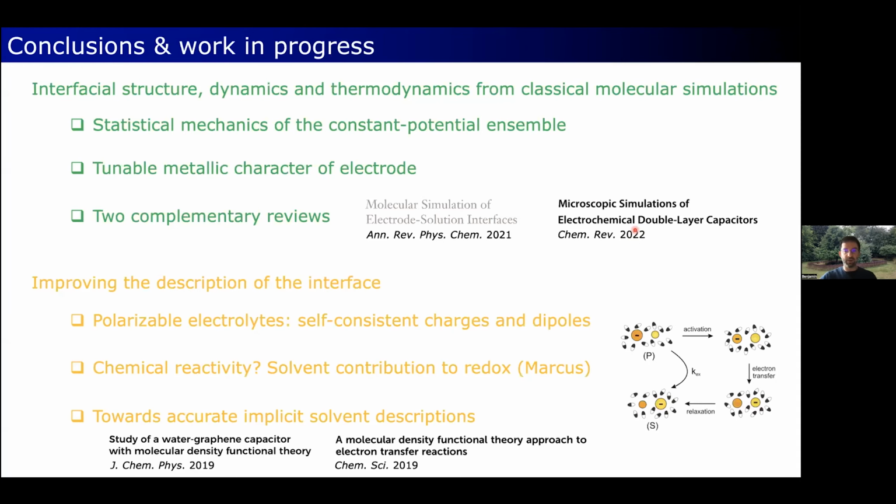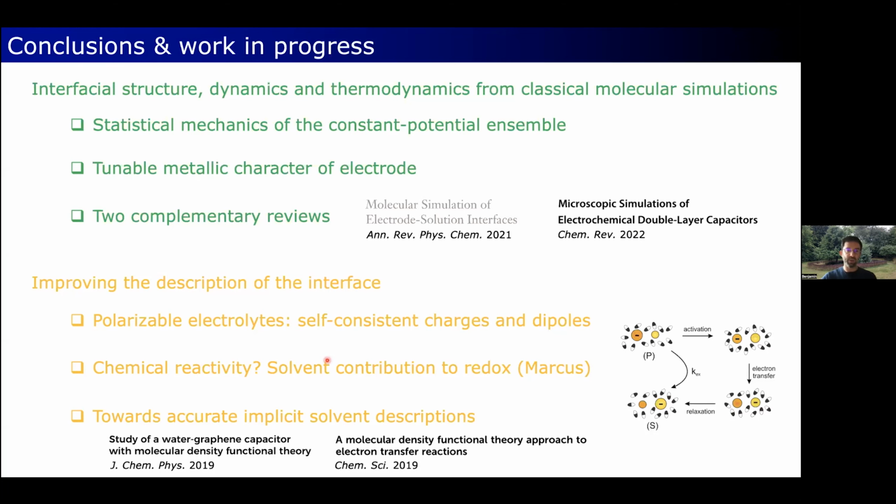I didn't take the time to describe that, but I couldn't cover everything. But it's also possible to describe self-consistently the charge distribution and the polarization within the electrolyte if you have polarizable electrolytes.